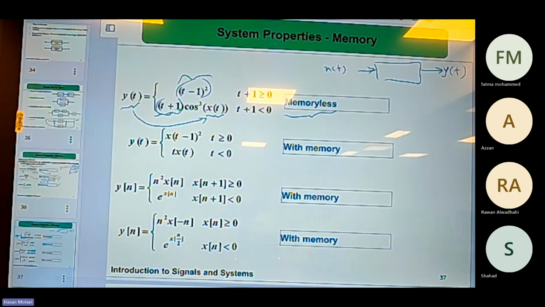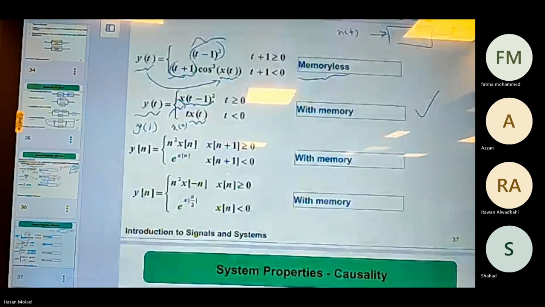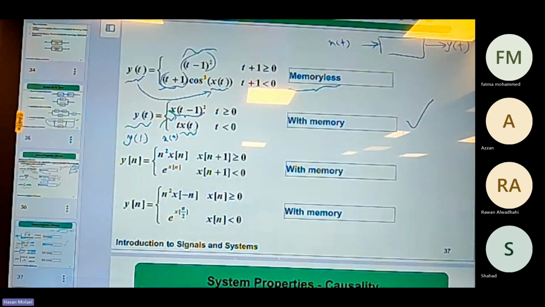How about this one? It depends on one entity here, another, which means if I want y1, it depends on x0. So y1 depends on x0, which means another time. These are discrete time, but let's say I'm looking for y[n].